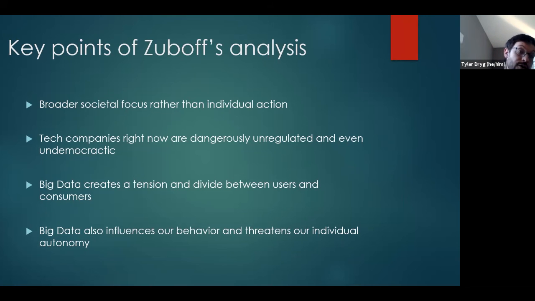And the other critique that Zuboff advances is that big data and big tech companies have a fundamental division between users and consumers. Facebook isn't a service that makes its money from how you interact with the service, but you as a Facebook user are the product that Facebook then sells to other people.